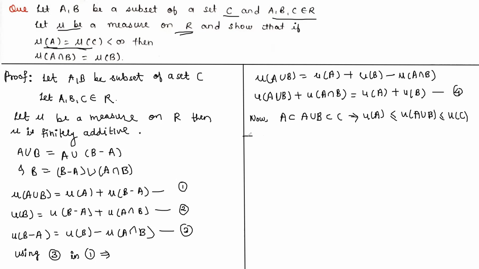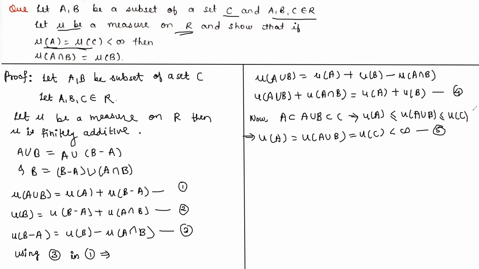So this implies measure of A is equal to measure of A union B, which is equal to measure of C, less than infinity. Let this be number 5.